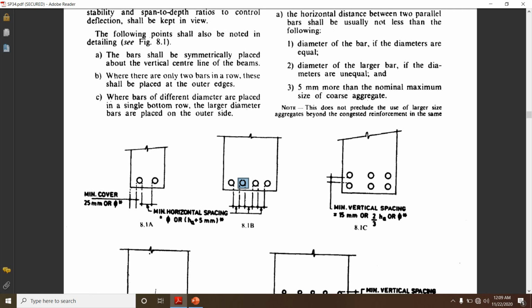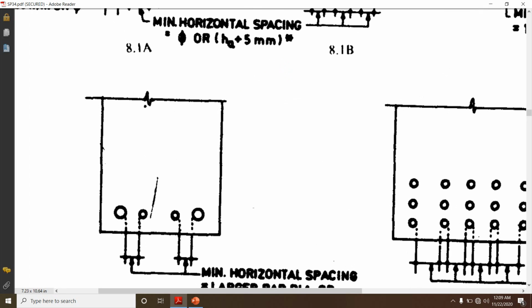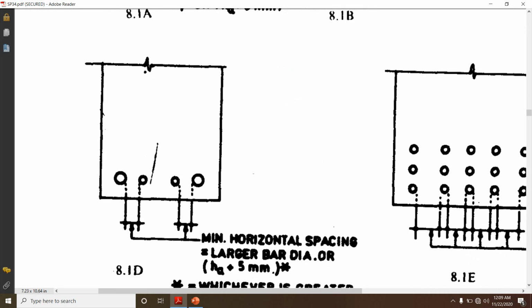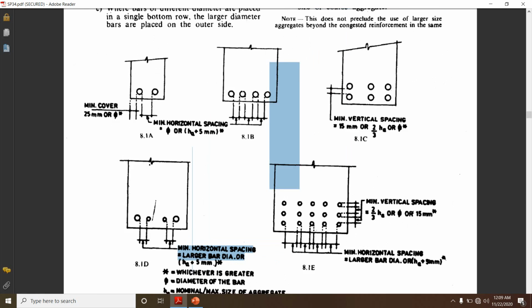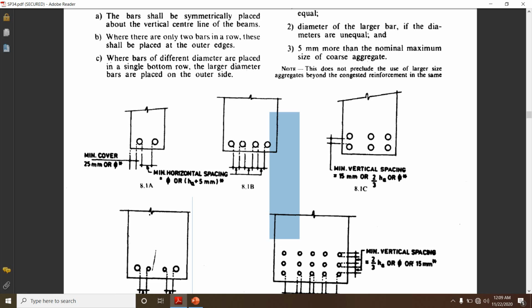If the diameters are unequal, the minimum horizontal spacing shall not be less than the larger diameter of the bar. Then the third one is 5 mm more than the nominal maximum size of the aggregate. That is, the spacing shall not be less than the nominal maximum size of the coarse aggregate.